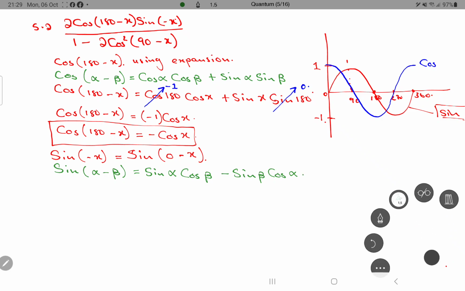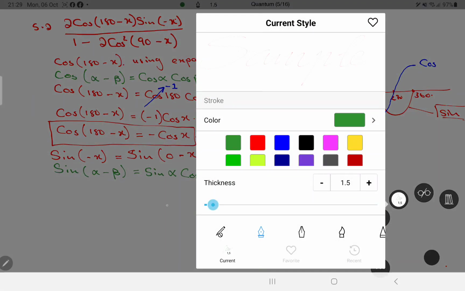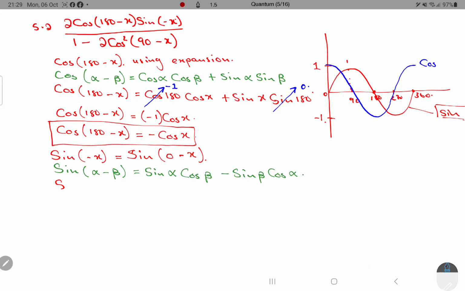Then sine of 0 minus x is sine 0 cos x minus sine x cos 0.